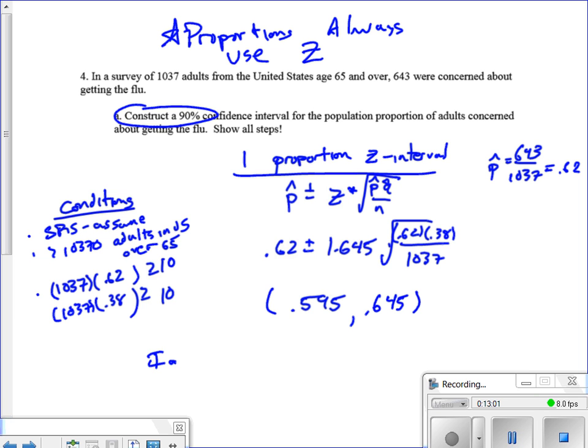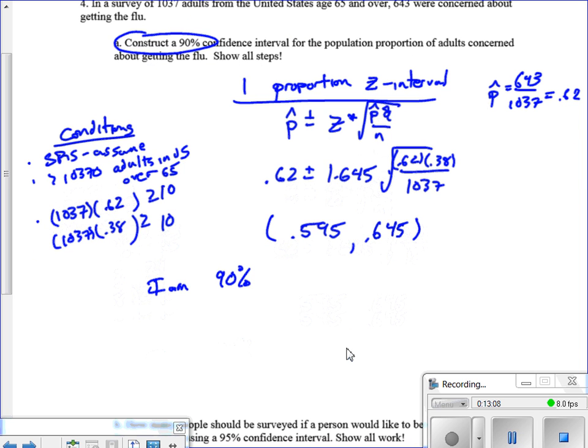So I am 90% confident. If your interval is different, you just have a different Z star and your sentence is slightly different, but it's essentially the same thing.